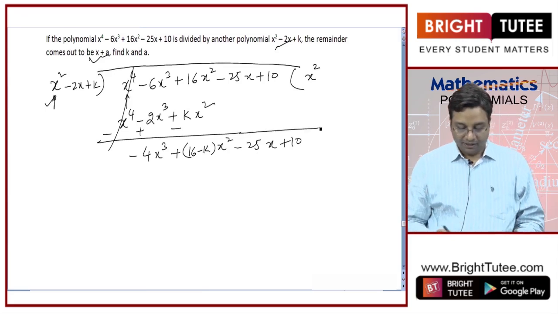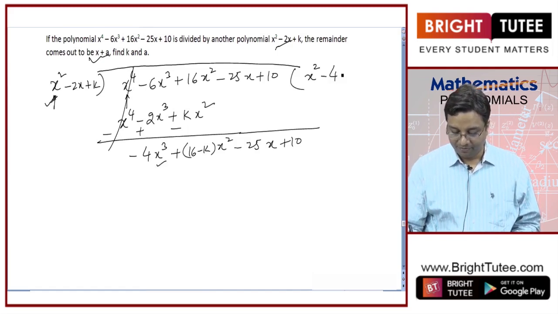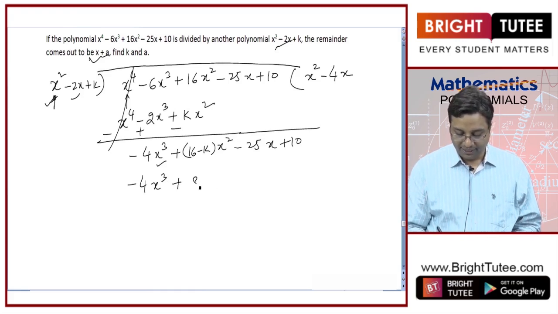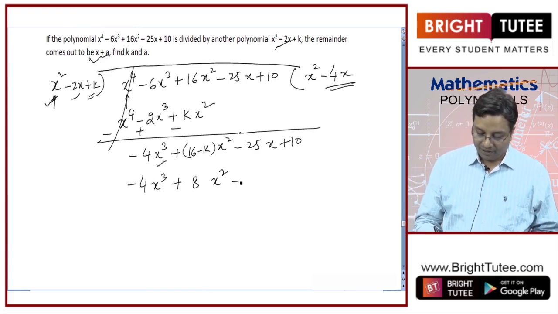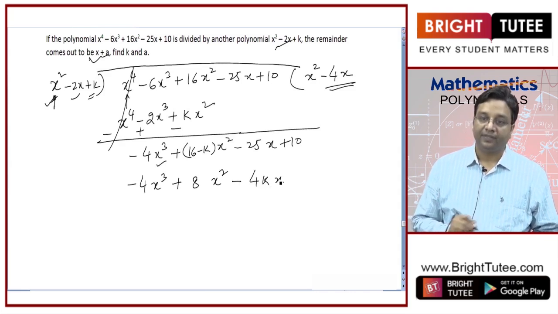Rest of the terms as it is. Okay. So now to create this one from this, I have to multiply by minus 4x. So minus 4x cube, minus 4x multiplied by minus 2x will give me plus 8x square, and minus 4x when multiplied by k will give me minus 4kx, right?